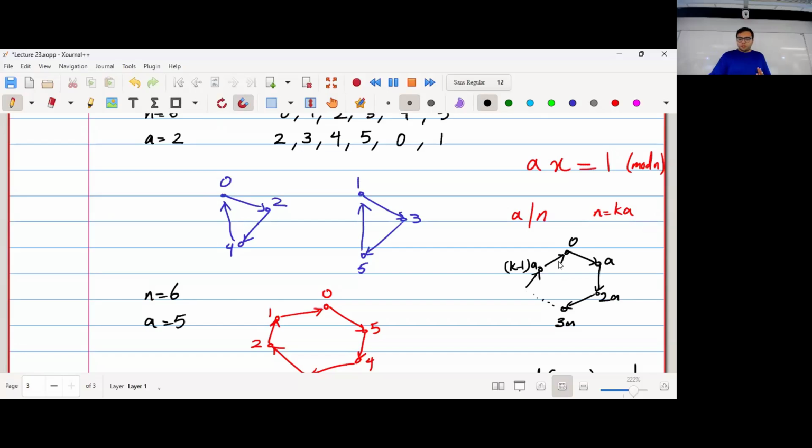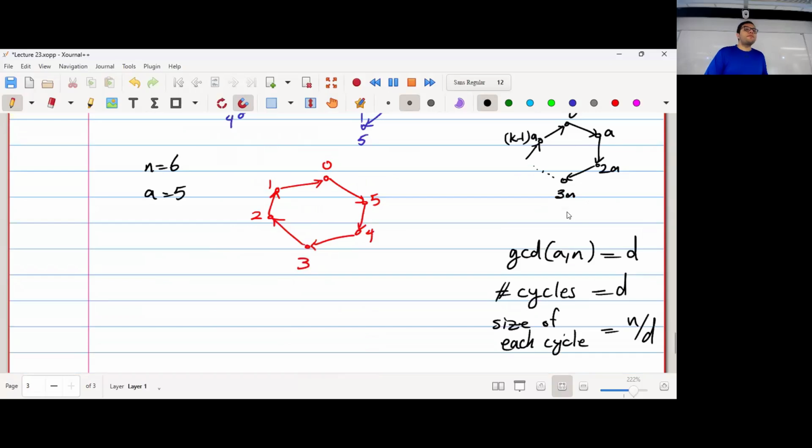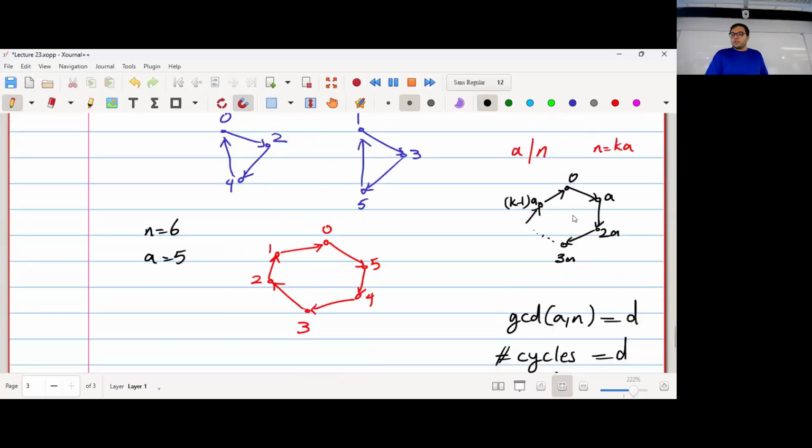Okay. So if it's a linear combination of a and n, we've already proven that the linear combinations of a and n are just the multiples of the GCD of these two numbers, right? So any number that is going to appear in this cycle is a linear combination of a and n, so it's a multiple of d, because d divides both a and n.